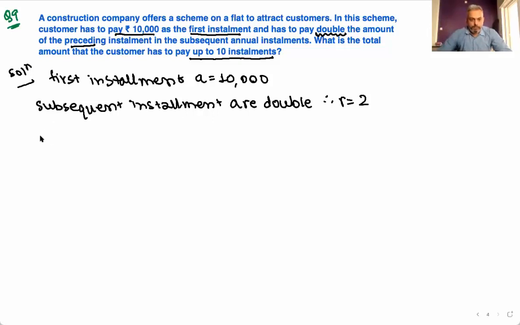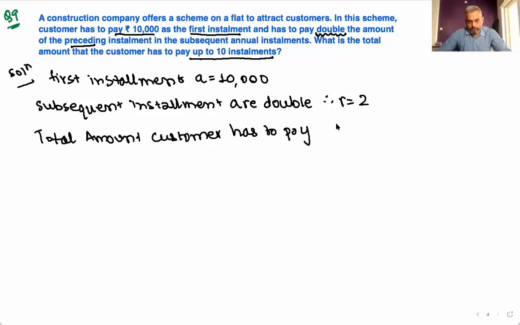Total amount the customer has to pay up to 10 installments is N is equal to 10, that is S10.